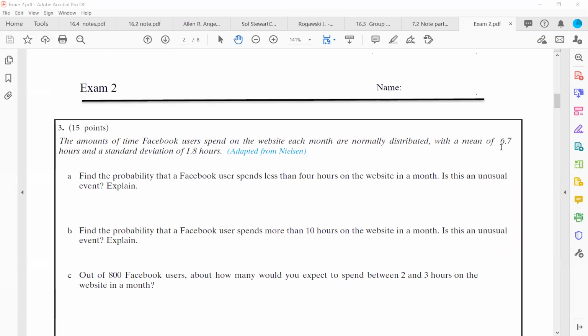Part A says find the probability that one Facebook user spends less than 4 hours. Less than 4 hours, so let's just change these. B, the probability that a Facebook user spends more than 10 hours. More than 10 hours.